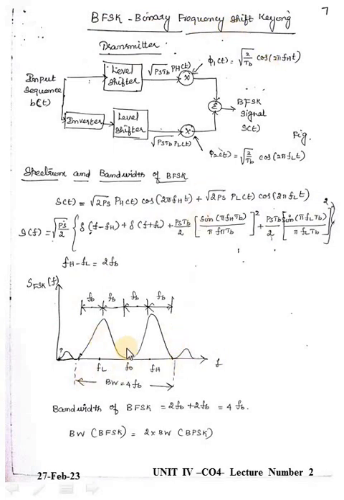This is the spectrum of the binary frequency shift keying signal. Here this is our reference frequency f0. This level is the high frequency signal and this is the low frequency signal. Bandwidth is the difference between the higher cutoff frequency and the lower cutoff frequency. From this point to this point is equivalent to 2 fb, so 2 fb plus 2 fb leads to 4 fb.